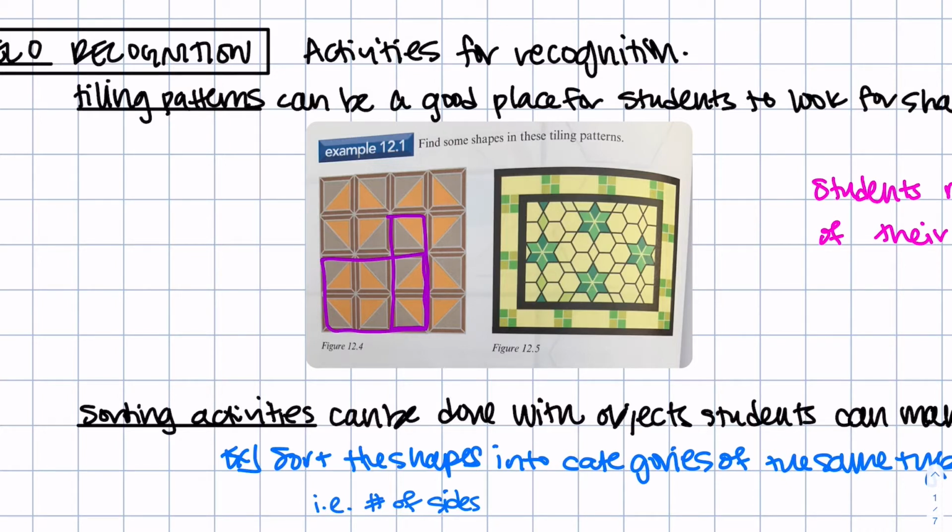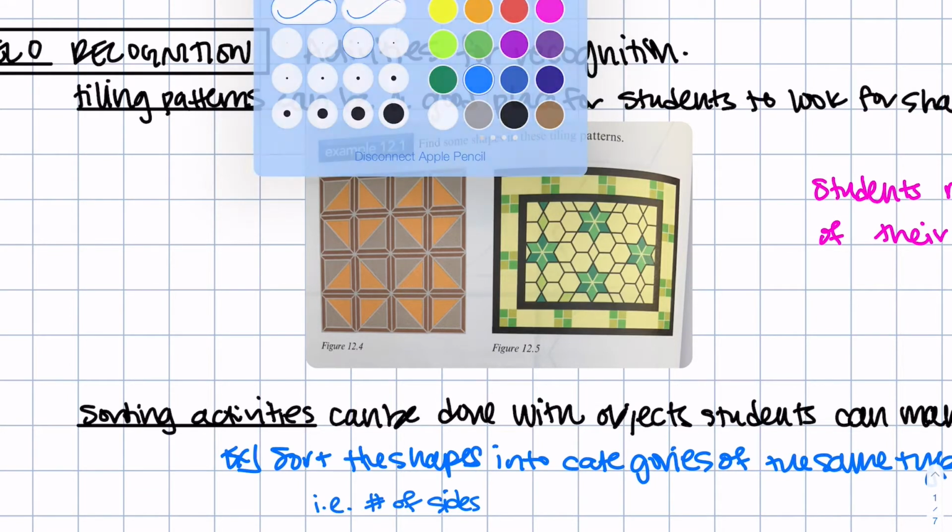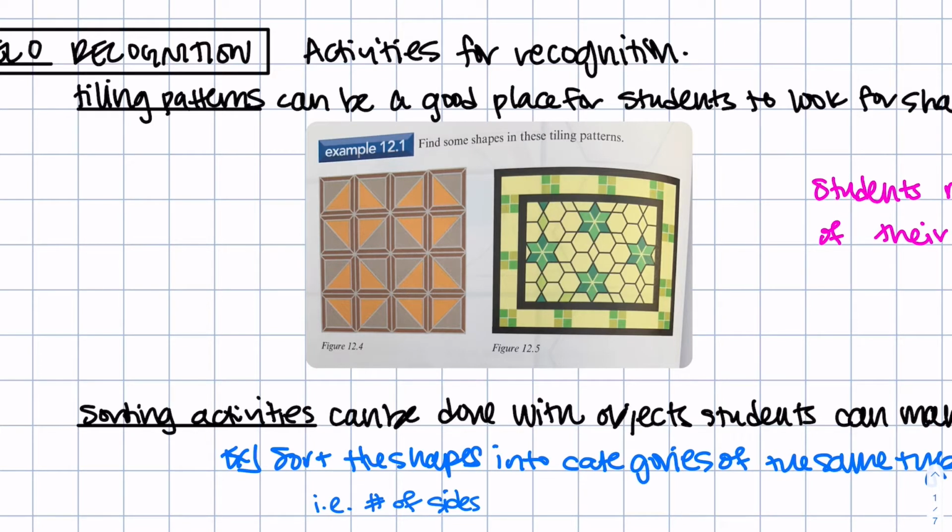Some obvious ones here. And you may also recognize other parallelograms that aren't necessarily squares or rectangles. There are definitely triangles that show up here, of all different shapes and sizes.